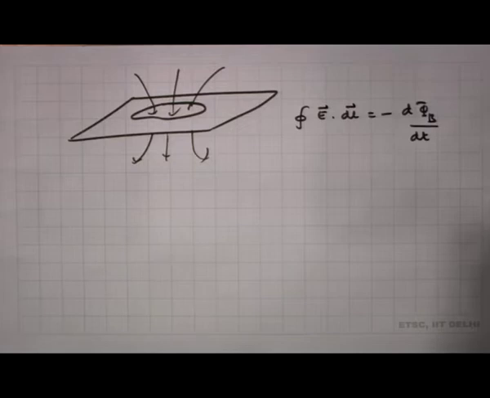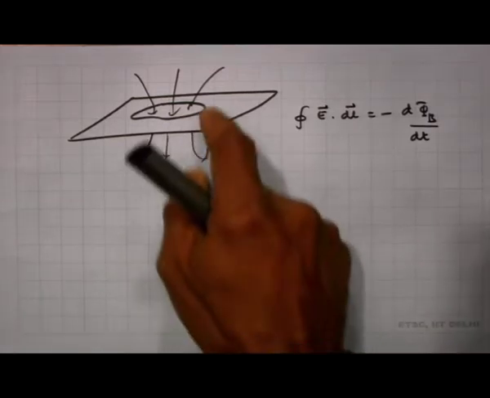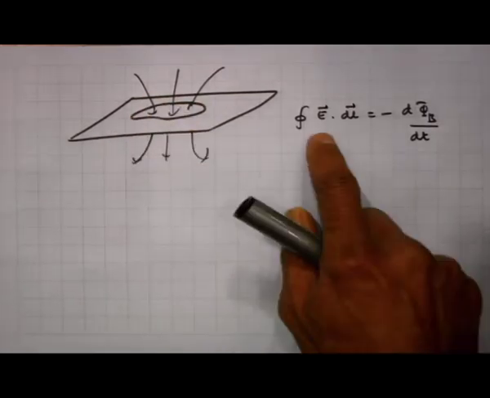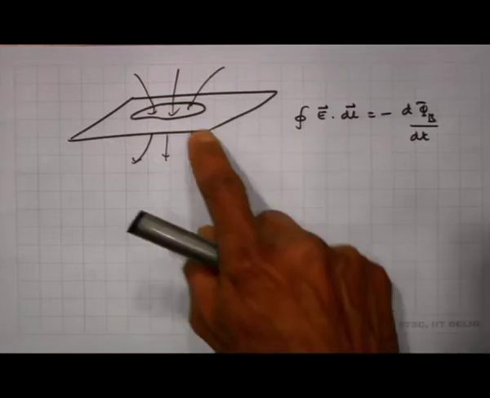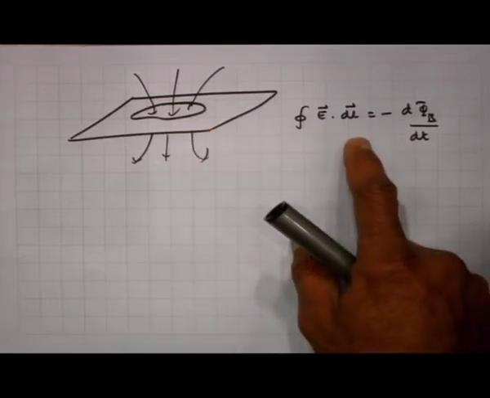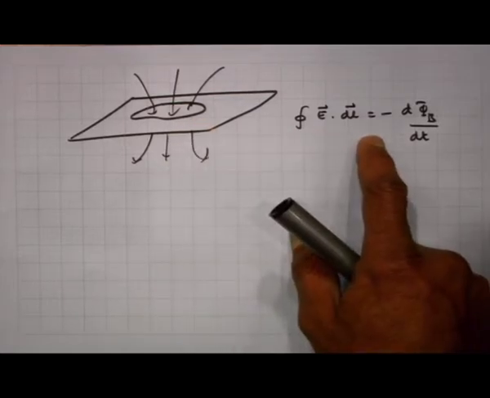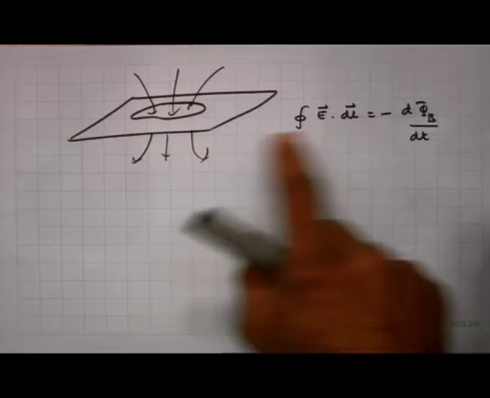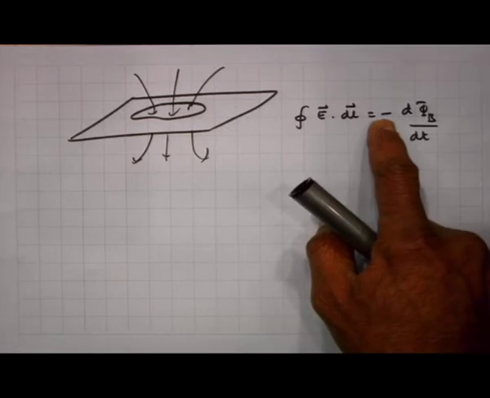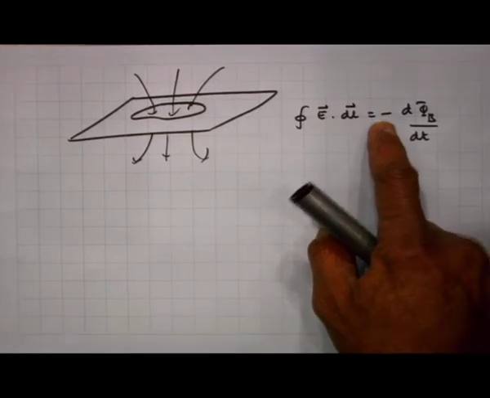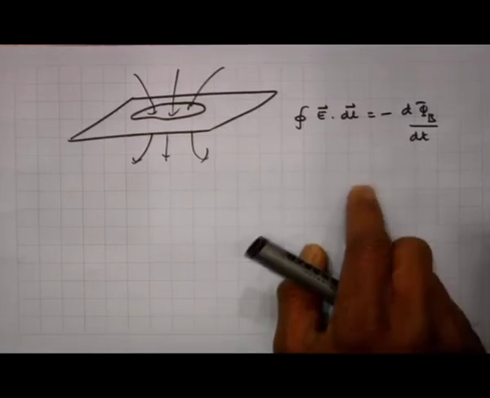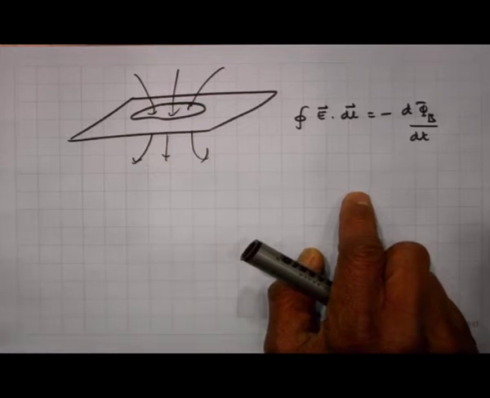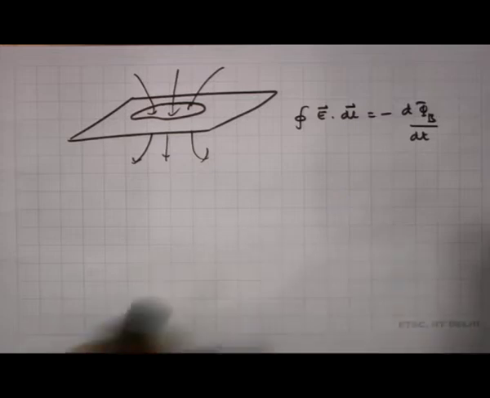That means a changing magnetic flux through this loop will induce an EMF in the loop, or a changing magnetic field will induce an electric field. The direction of the induced EMF is decided by Lenz's law because of the negative sign. The induced EMF always opposes the changes in flux. That is Faraday's law of induction.